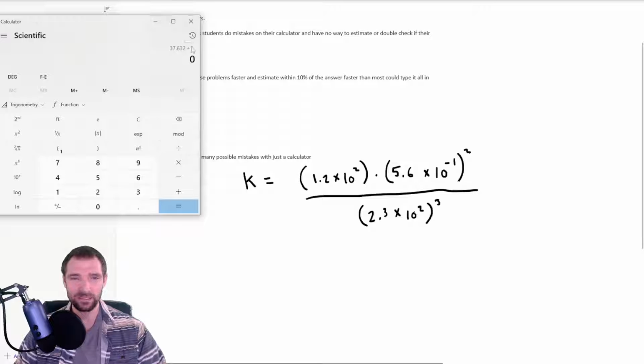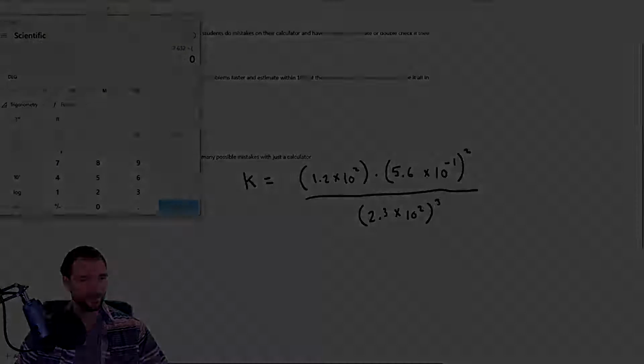If you forget that parentheses, instead of making the k much smaller, this 10 is going to end up making it much bigger. So you have to be very careful when you're doing these calculator problems, and being able to get a rough idea of what your answer should be allows you to check your answers very quickly.